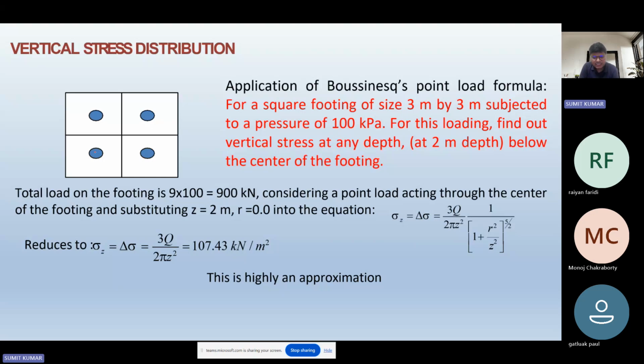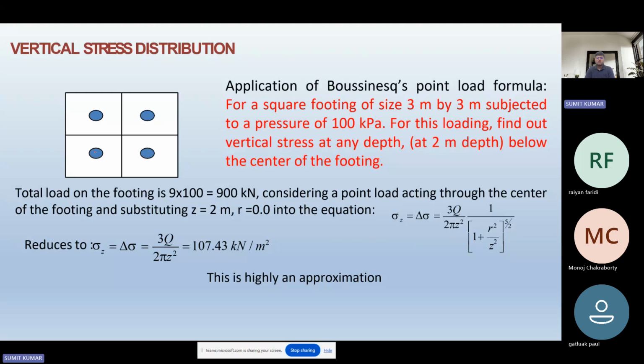Over here you see that the total load is 9 into 100, that is 900 kilonewton, because it is a square footing of size 3 into 3 meters subjected to a pressure of 100 kPa. Pressure of 100 kPa means 100 kilonewton per meter square, so the load becomes 100 kilonewton per meter square multiplied by 3 meter into 3 meter, which is 900 kilonewton.